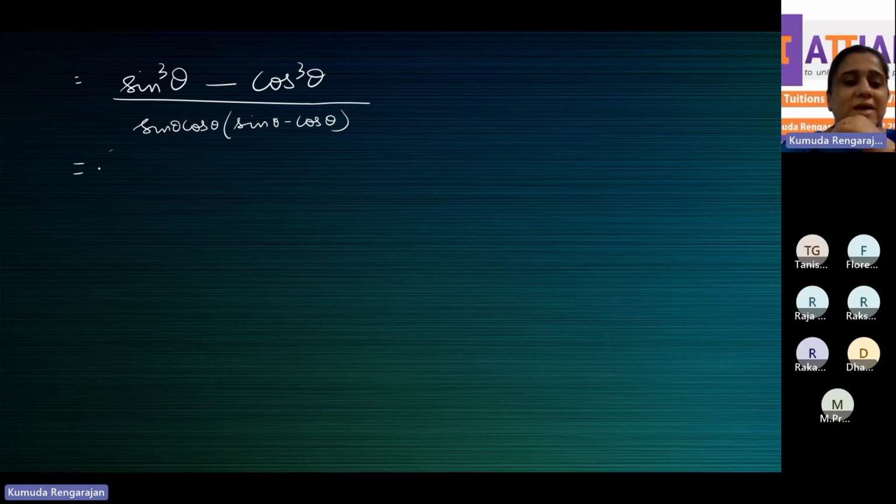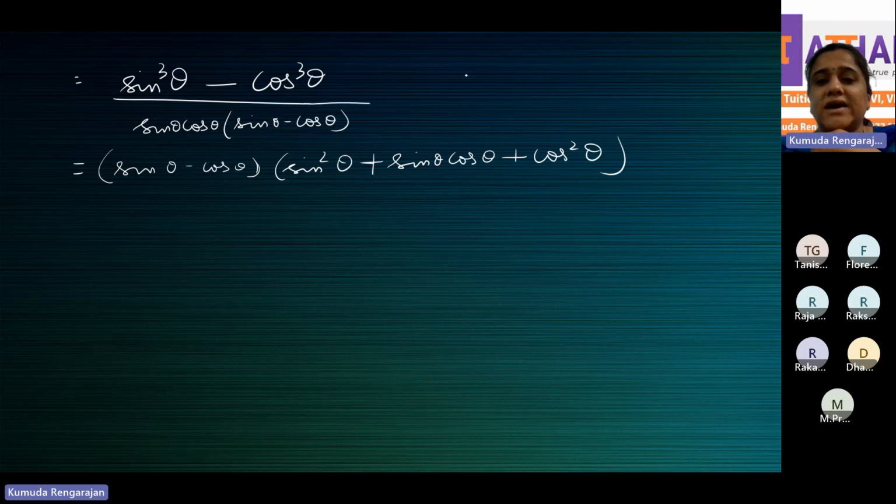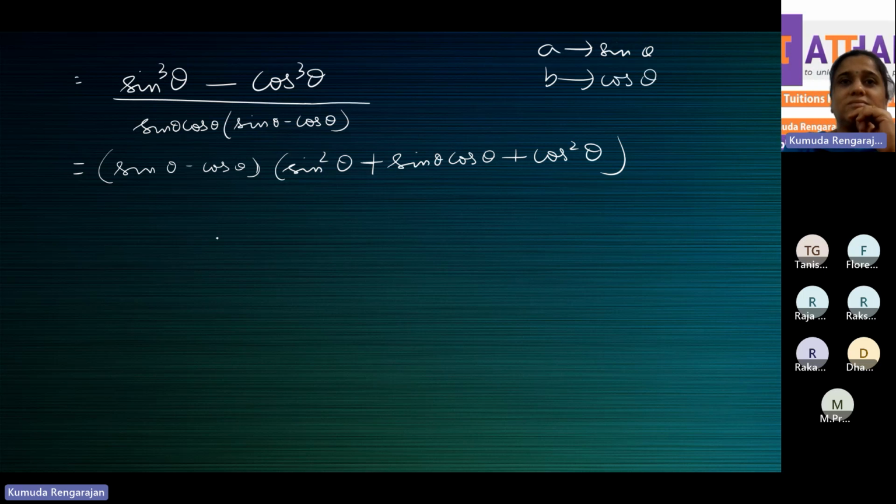So expanded, a minus b, sine theta minus cos theta, into a square, sine square theta, plus ab, sine theta cos theta, plus cos square theta. Because what is a? A is sine theta, because a cubed is sine cubed theta. So a is sine theta and b is cos theta.